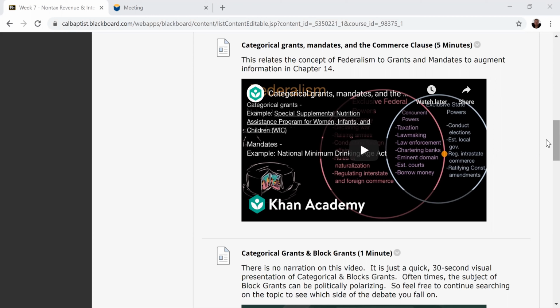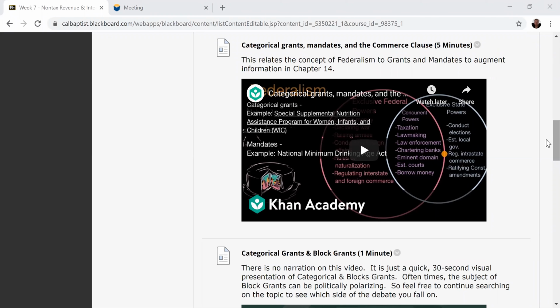And what the Supreme Court has said is it is relatively tolerant of Congress imposing these mandates on state and local governments as long as Congress is able to show the thread that ties their action together with interstate commerce.